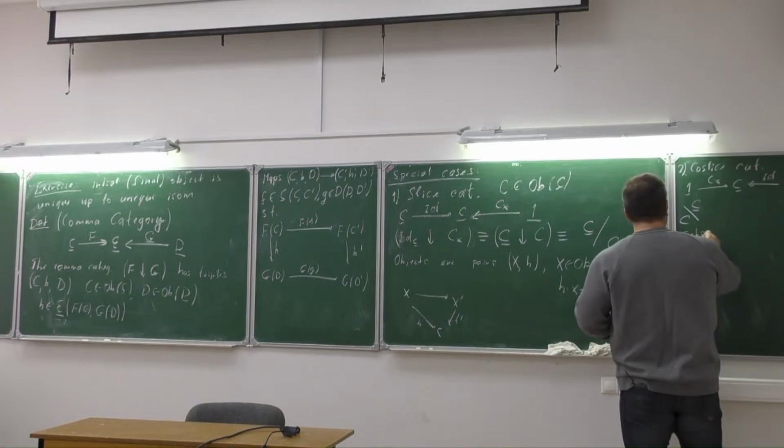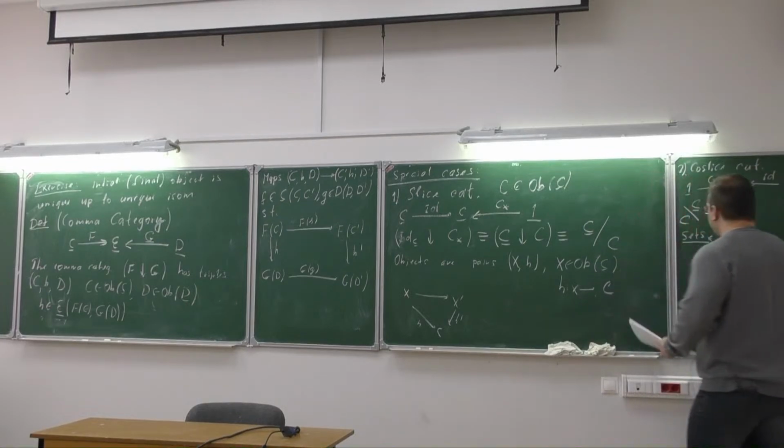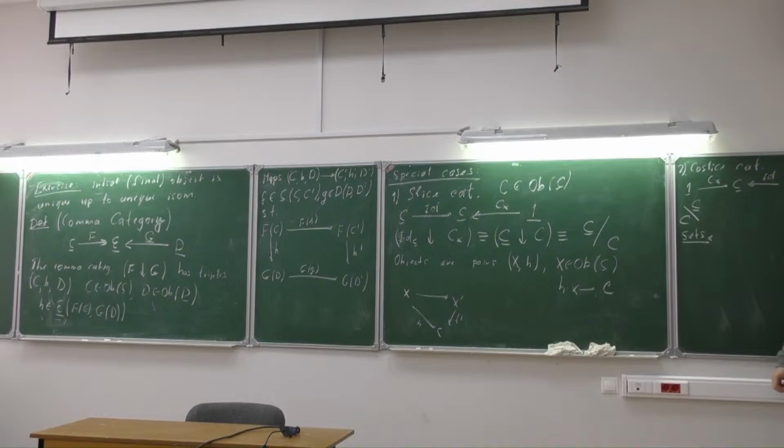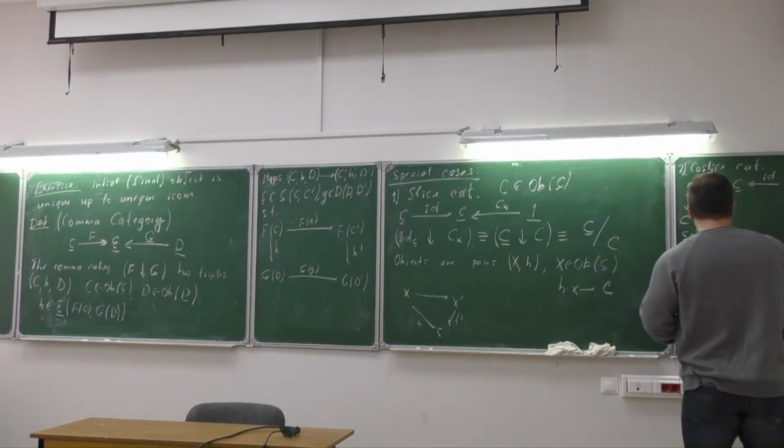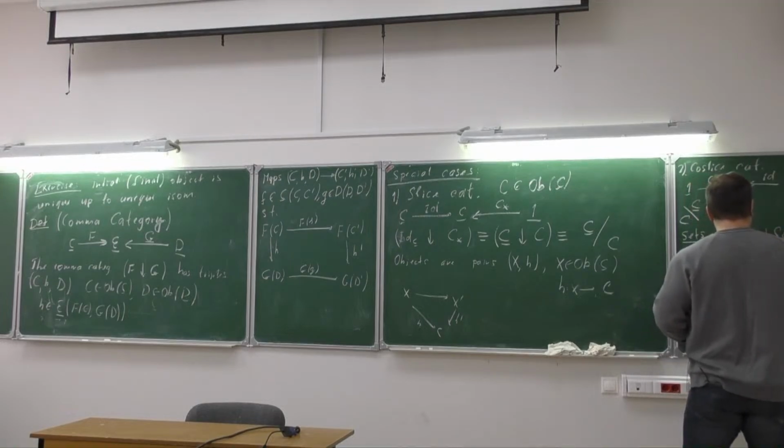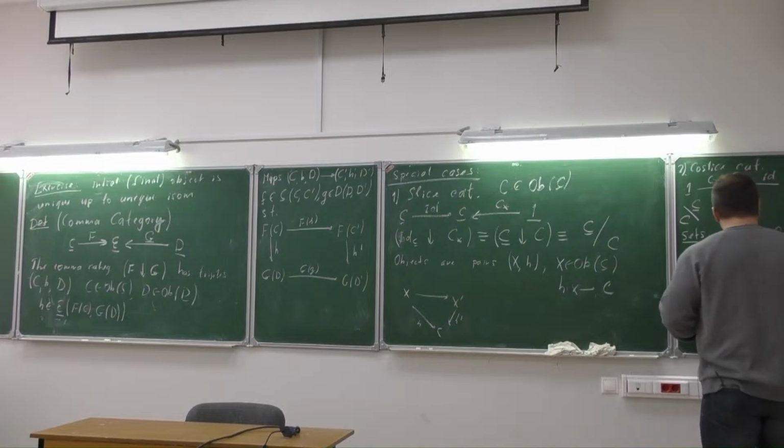You can consider the pointed category of sets, right? So an object here is a set with a distinguished point, and the map is supposed to preserve this distinguished point. So in this case, you can write this as a co-slice category. So this is one example.